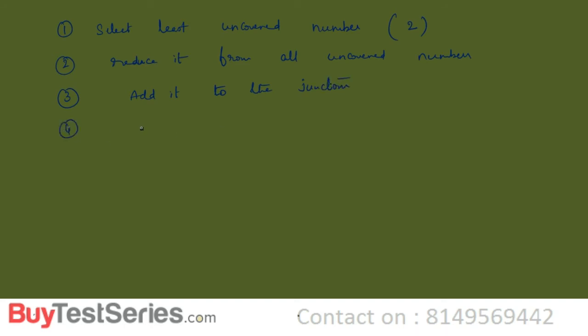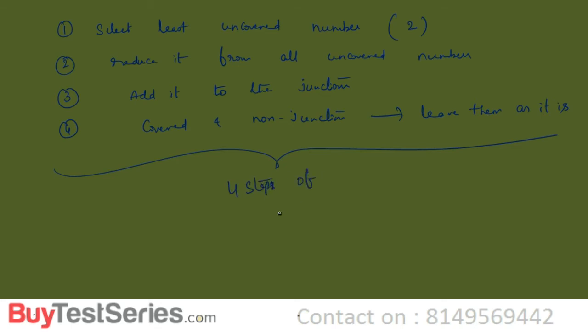Then you can ask me, what about the numbers which are covered and not in junctions? You leave them as it is. You got the point? These are all the 4 steps of improvement.